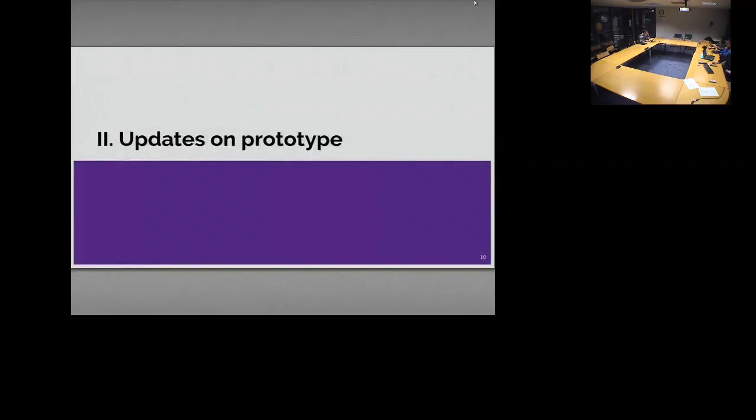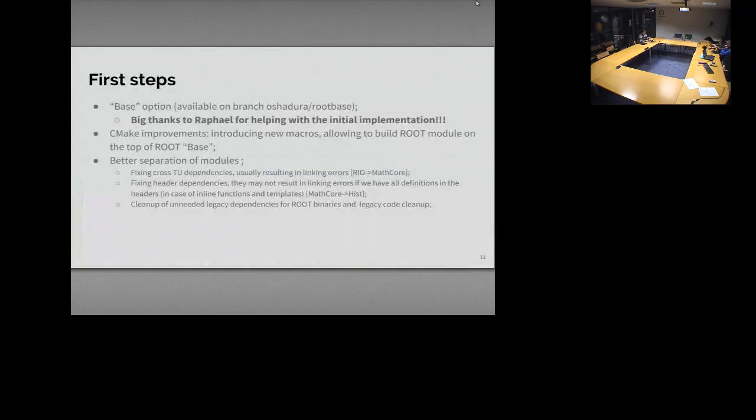So, updates on the prototype, the most interesting part, what we have now. We have a base option, the root part which is supposed to help us provide the modularization process. It is available on the branch Shadura base, but hopefully I will do some PRs to integrate it.